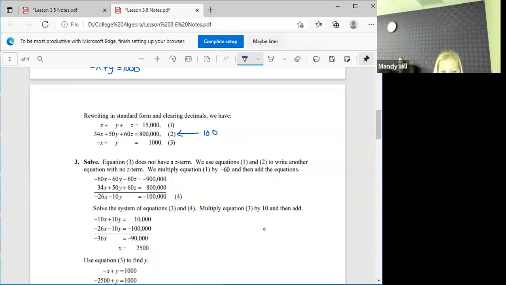Okay, and then when they did that, how did they come up with this? I know it says it in words above it, but we've got a negative 60x minus 60y minus 60z is equal to negative 900,000.